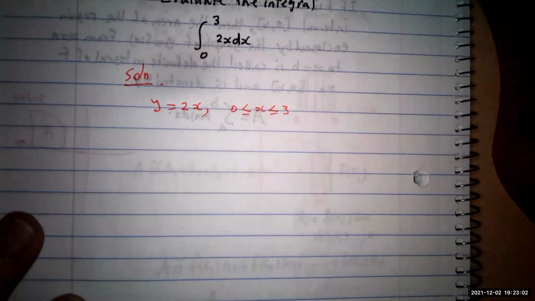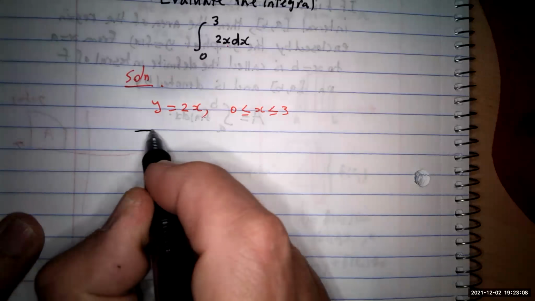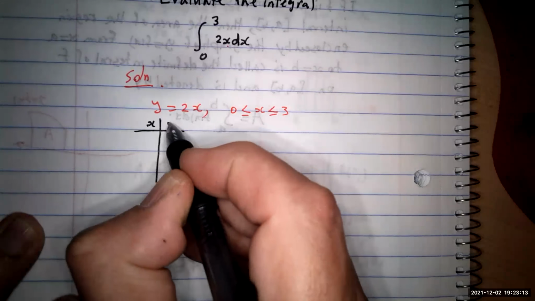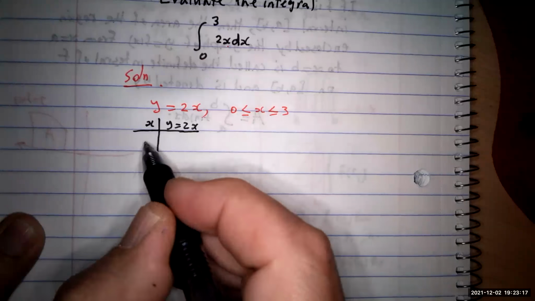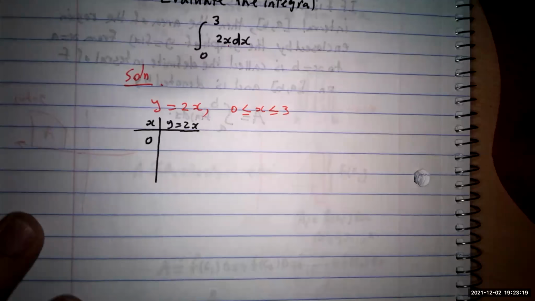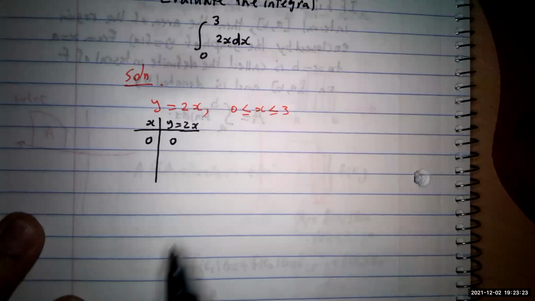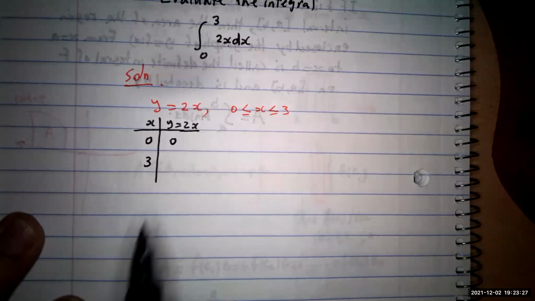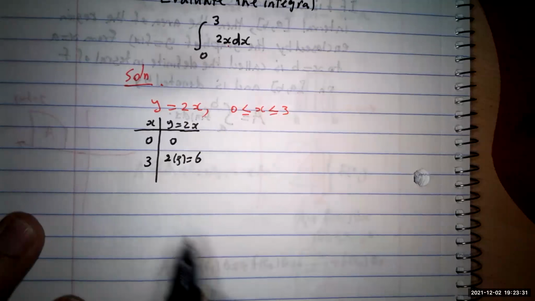It's just a straight line, so if you want to graph it, you need only 2 points. So we can evaluate it at these points. This is going to be x, and this is going to be y equal to 2x. For x equal to 0, 2 times 0 would be 0. And x equal to 3, if you substitute the 3, 2 times 3 would be 6.